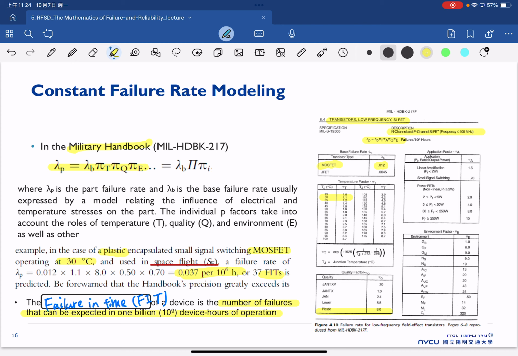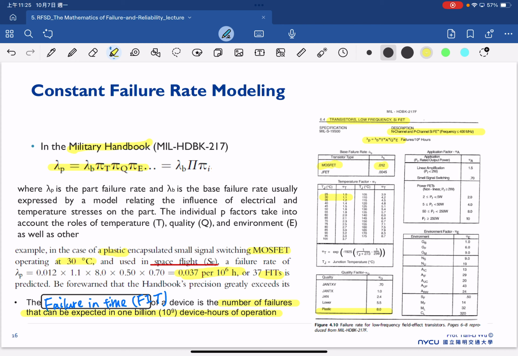That means if we have 1 FIT, you will have 1 device failure if you operate for 10 to the 9 hours. 10 to the 9 hours is already a very long time. And if we have 1 FIT, that means we have 1 failure in the case of 10 to the 9 hours.